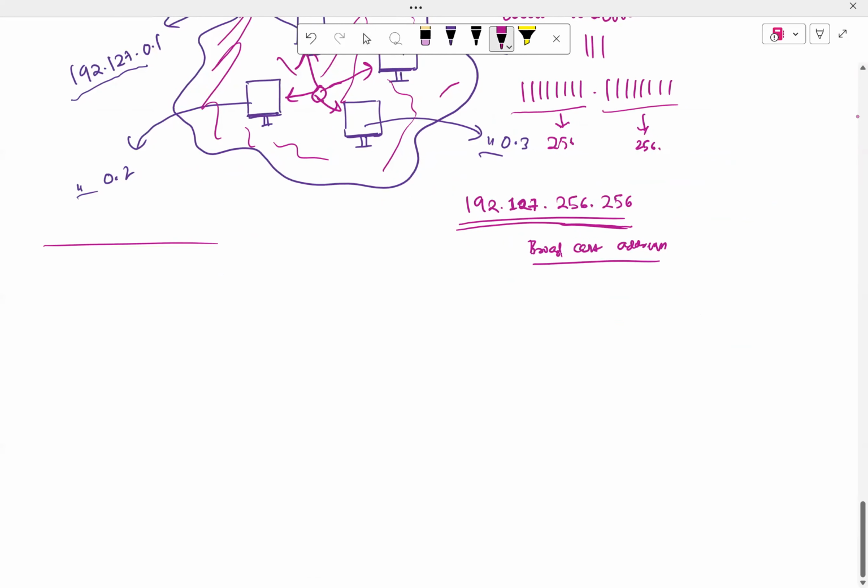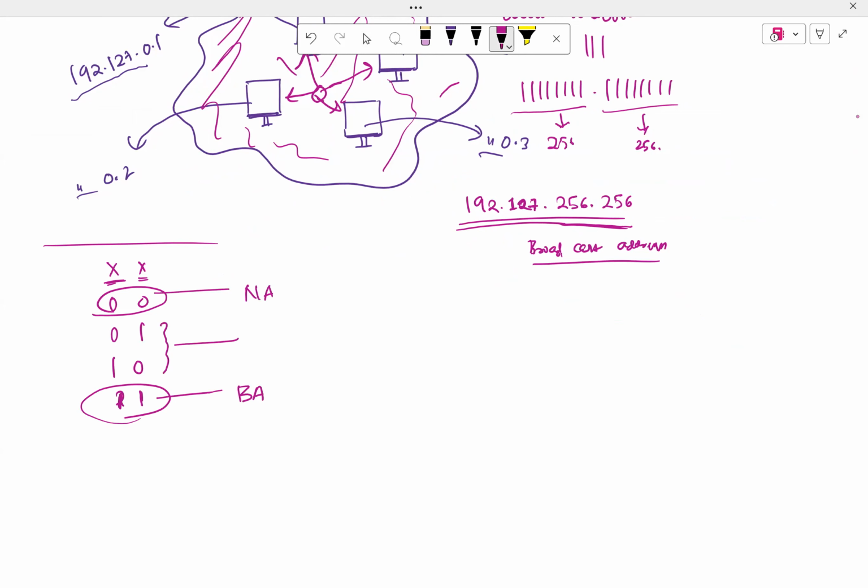If we do this for just two bits, let's say that we have 2 bits for representing the host, that is 00, 01, 10, and 11. We delete the 00, which is the network address, and the 11, which is the broadcast address. We're left with these two, right? This is our usable host address.